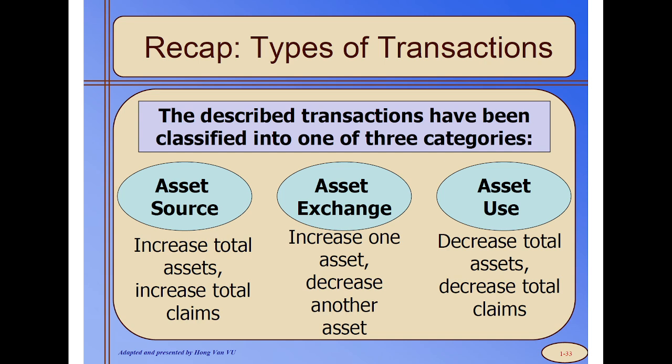Another is asset use, which decreases total assets when we pay for expenses or pay dividends, and decreases total claims.